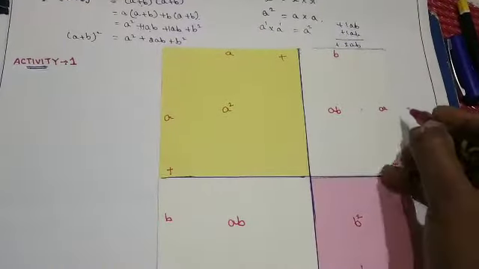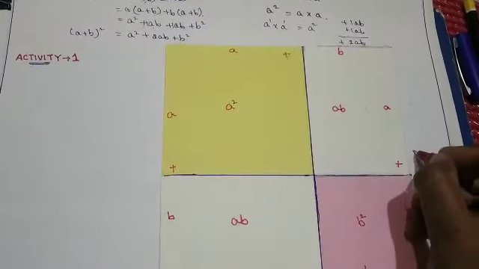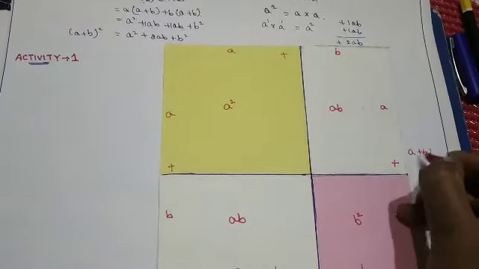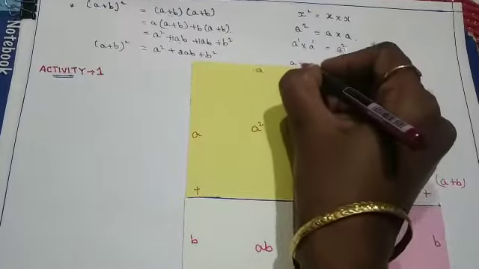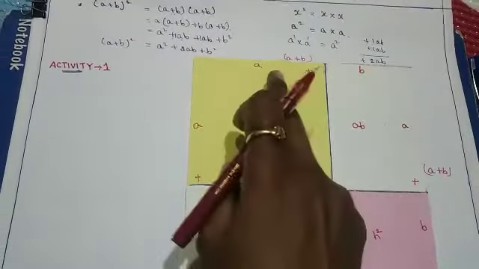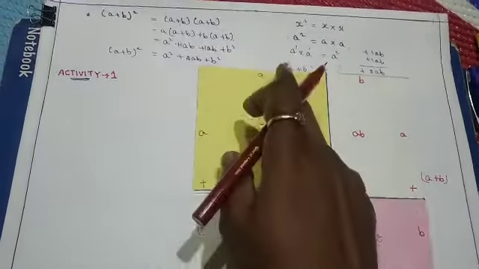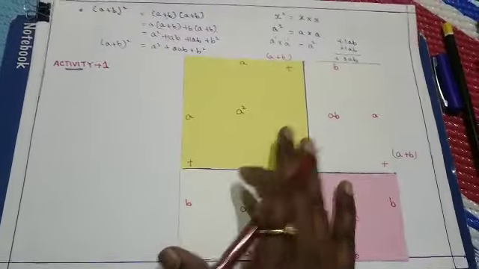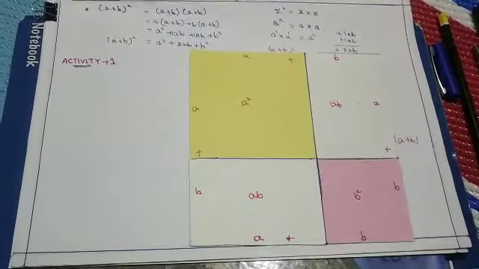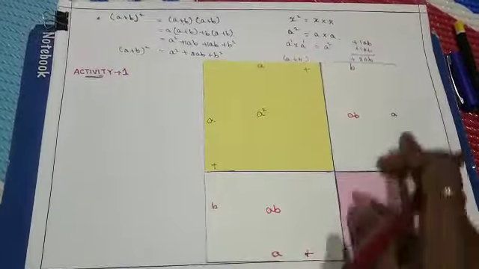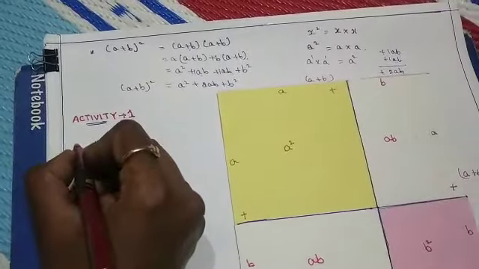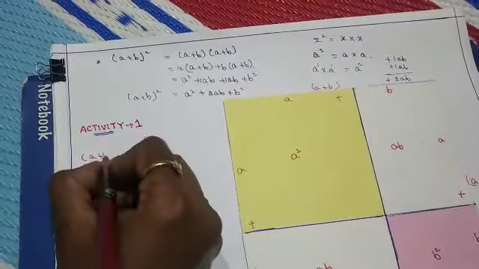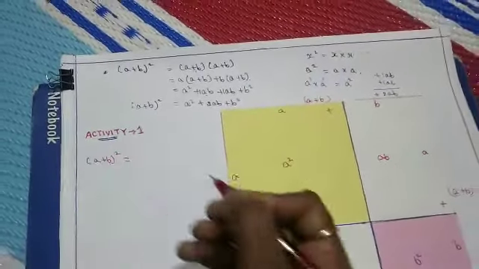The length of the bigger square is A plus B. So when the side measurements are the same, then it is said to be a square. Then what is the area of this square? The area of a square is side into side. So side into side is nothing but A plus B whole square.